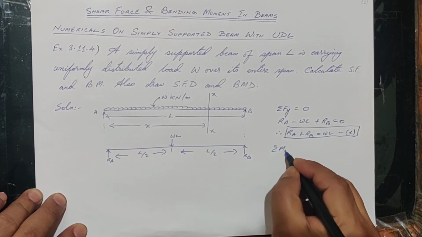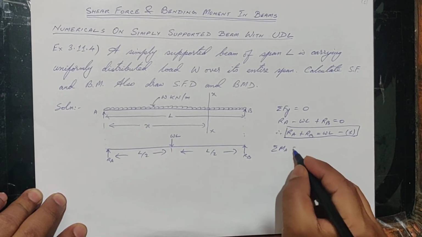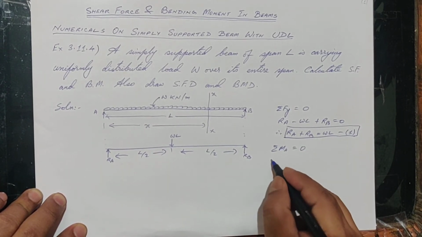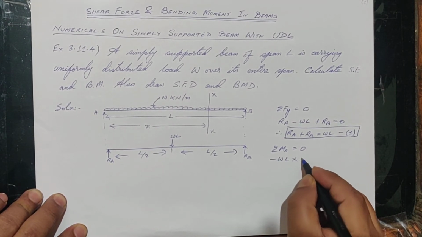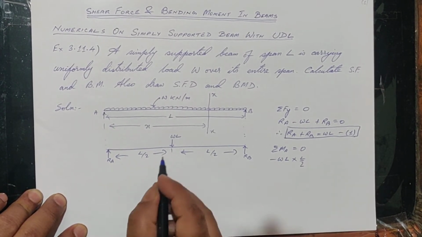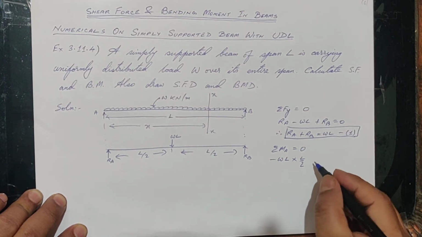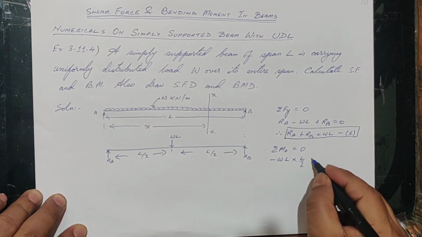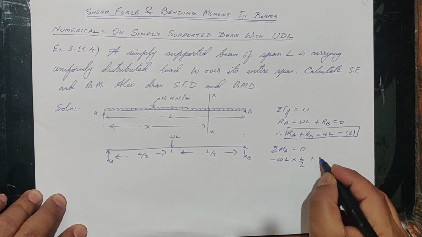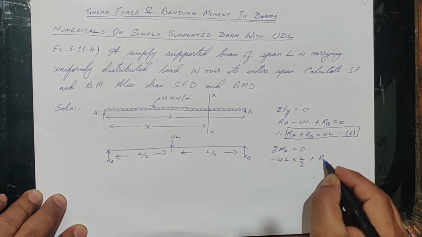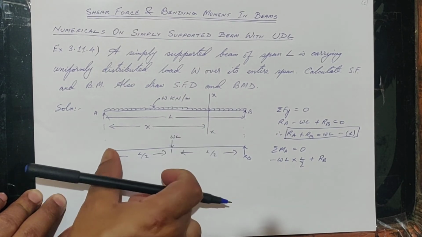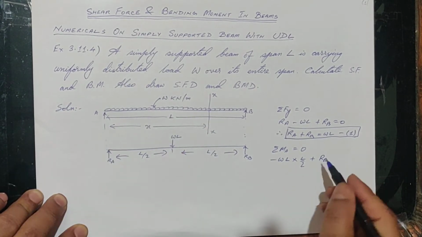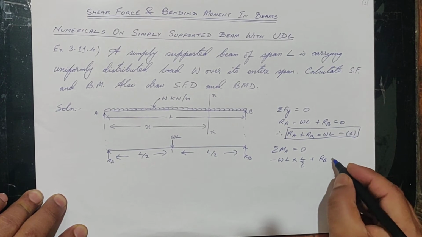Summation of MA, moment about A, is equal to 0. So minus WL multiplied by L by 2 plus RB multiplied by L. This WL is acting in this direction, so WL into L by 2.